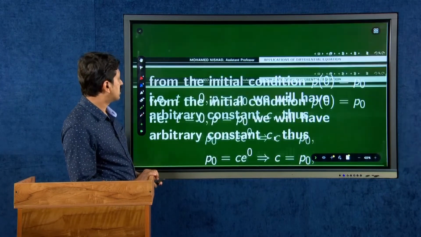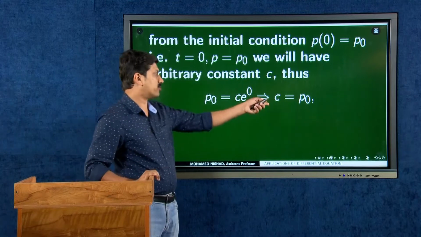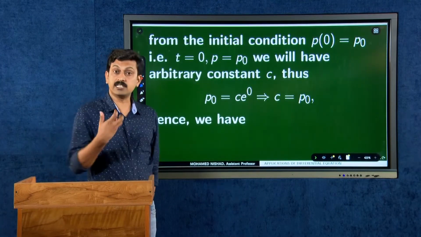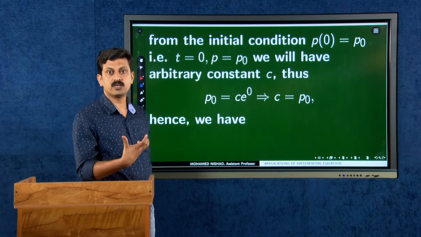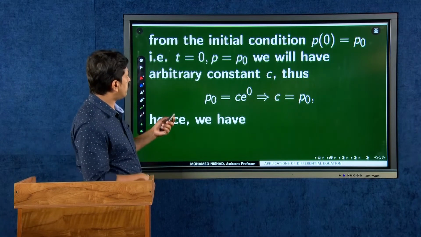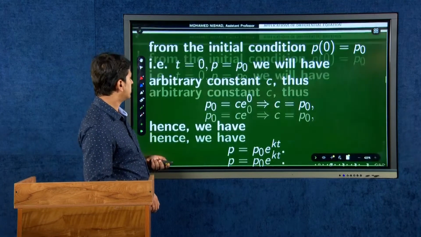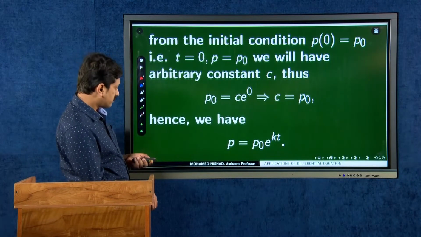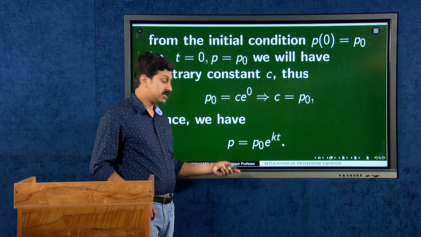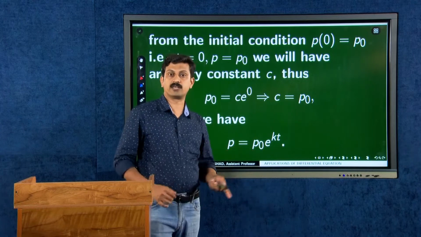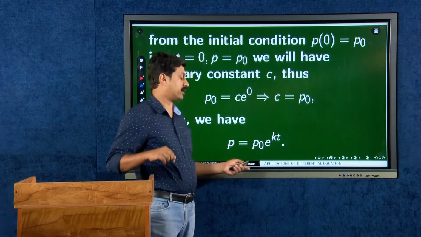See, dear students, now we found c is equal to P naught, that is the initial status of the bacteria. Hence we have P is equal to c e raised to kt, that is P is equal to P naught into e raised to kt. P naught is the initial value.